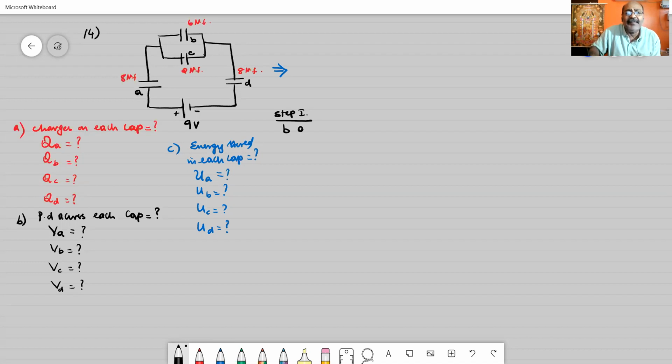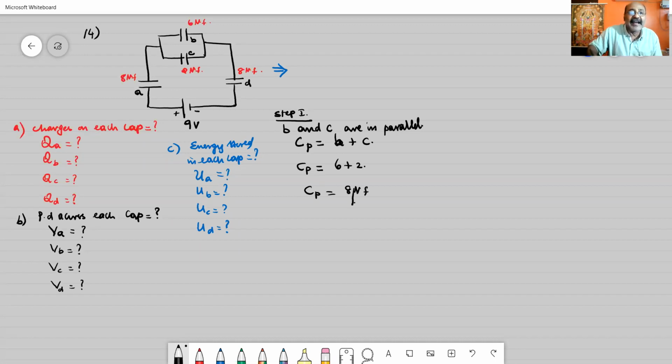I take that parallel combination as CP. Since both are in parallel, CP is equal to B plus C, so CP is 6 plus 2, which gives 8 microfarad.